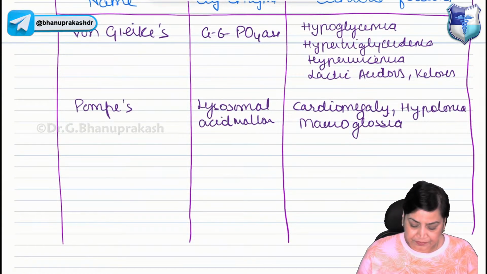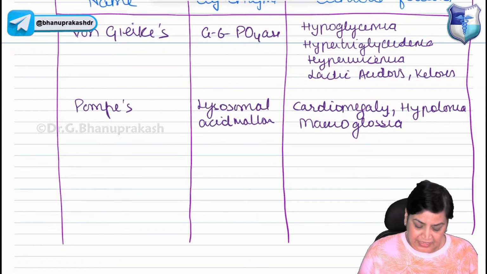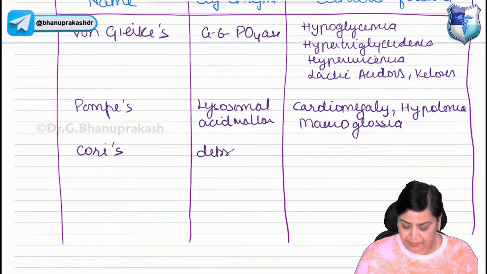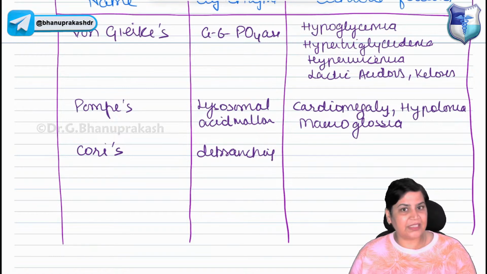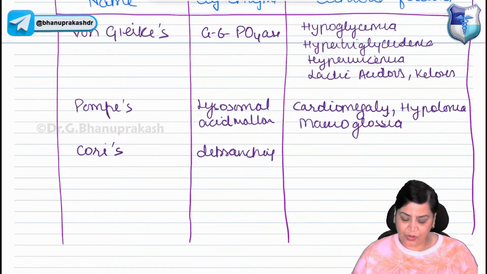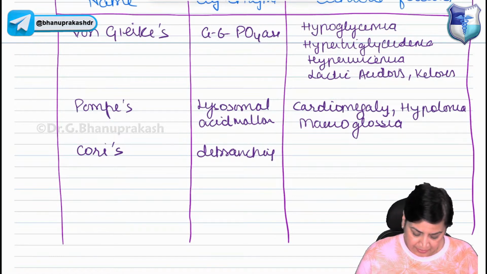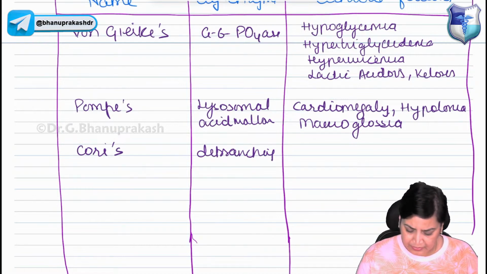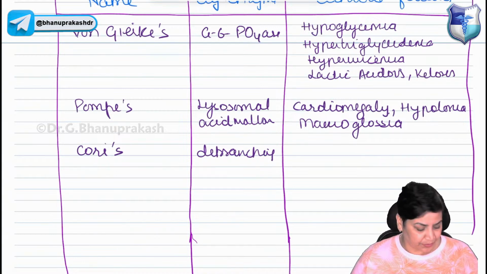Then moving on to the third one. Third is Cori's disease. So if we talk about Cori's disease, the deficient enzyme is debranching enzyme. Right. And if we talk about the features in Cori's disease, the most important one here is, can anybody tell me now? Anyone?